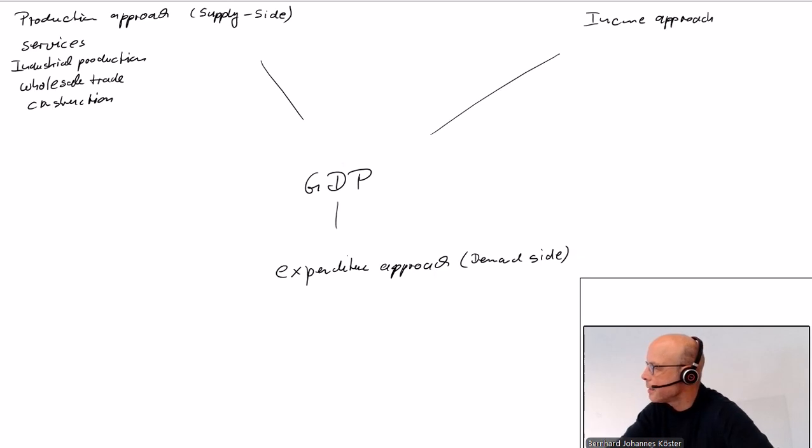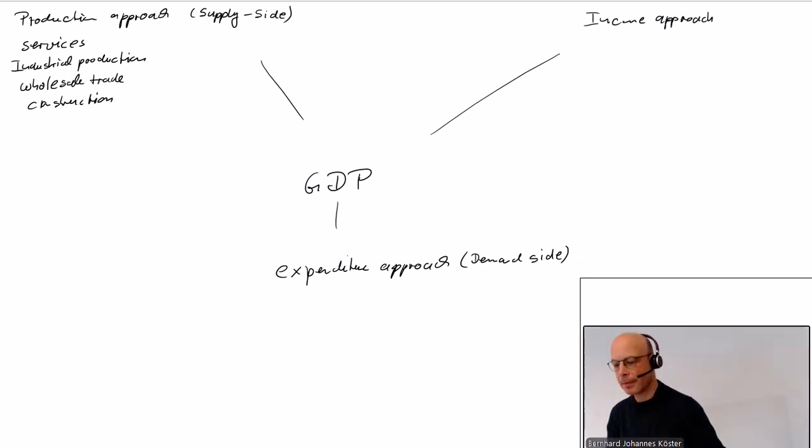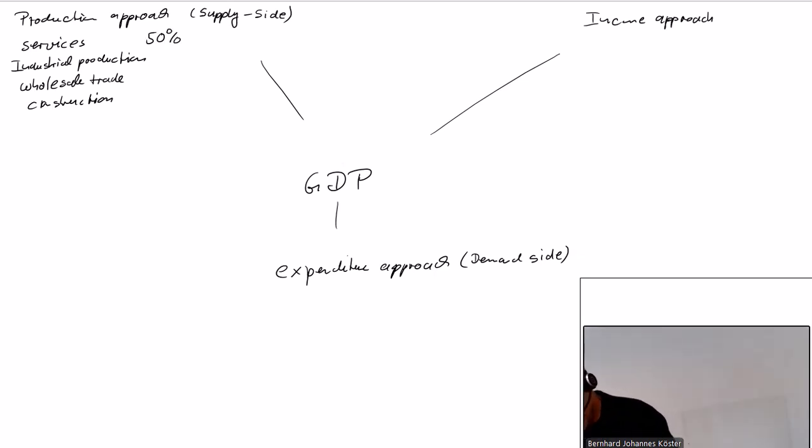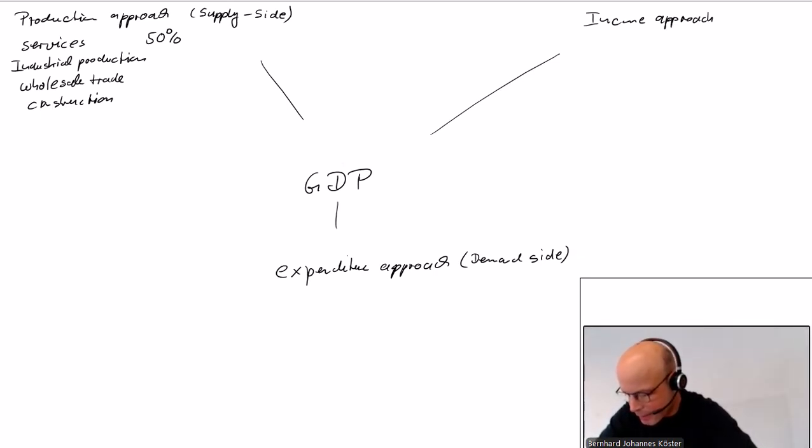Services, this also we divided in two, and when we aggregated it to the whole, this was the largest one together. Together it was roughly 50%. And then industrial production. Could you please shut down your micro, because otherwise I will have a feedback on my headset. Thank you.